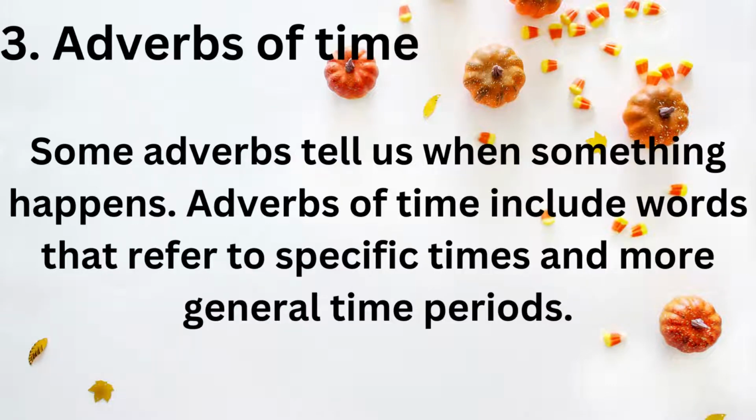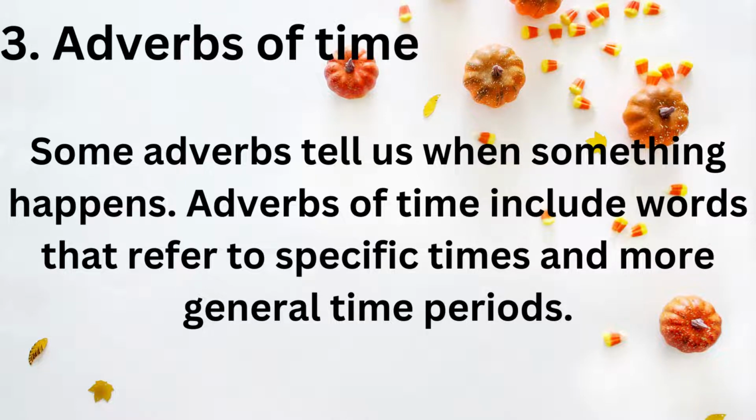So the next is adverb of time. It also tells us about the time, when a particular event occurred. Some adverbs tell us when something happened. Adverbs of time include words that refer to specific times and more general time periods. It is actually only related to time.